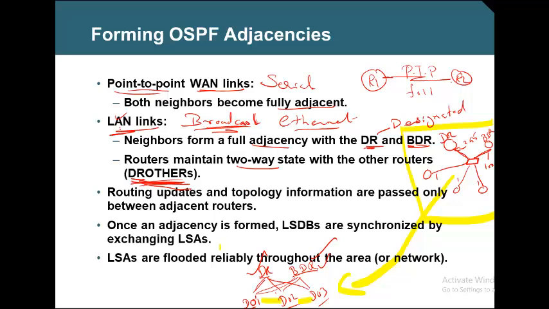Full adjacency is only between these. See, routing updates and topology information are passed only between routers that are fully adjacent. So only between these two routers you will have LSDB synchronized, not between these two.